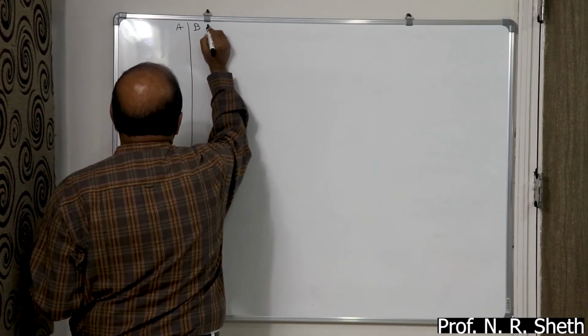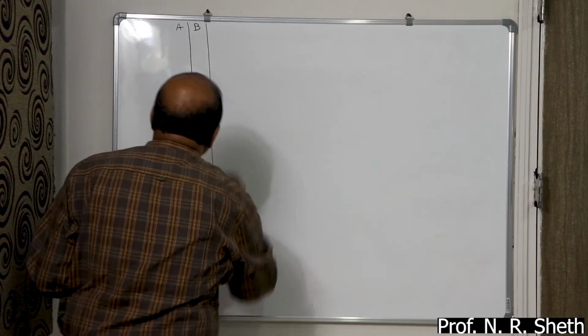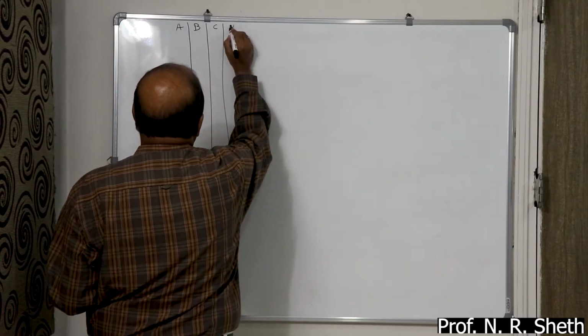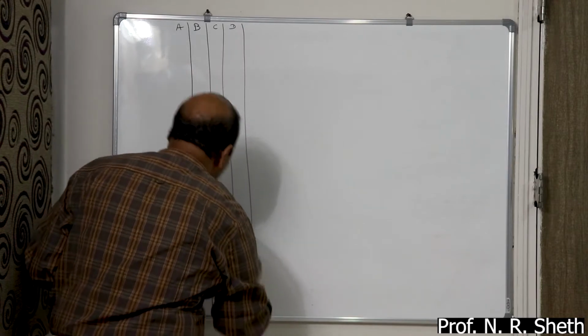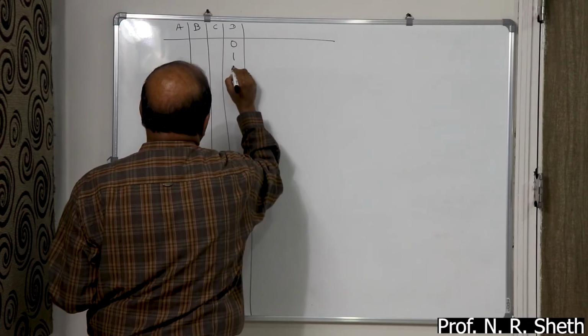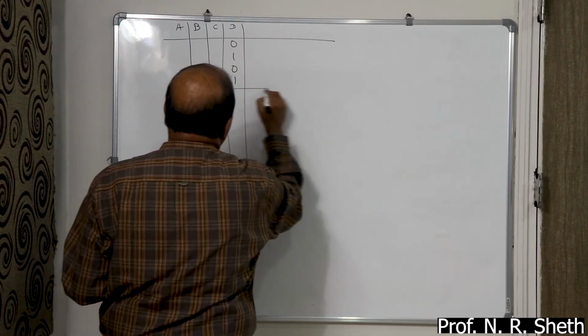A, B, C, D. Sixteen times 0, 1. This is 4.